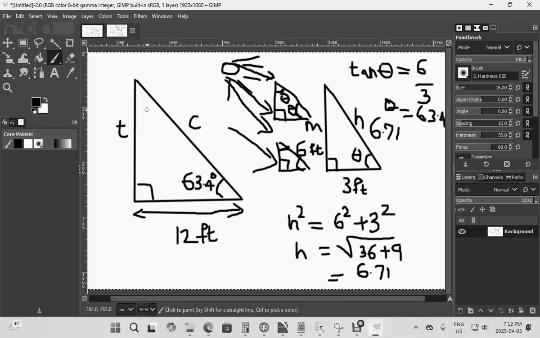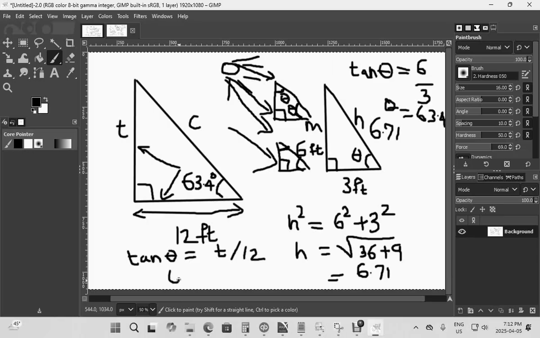So given this angle over here, given theta, we can figure out the height of the tree, which is t. We know that this is opposite over adjacent, which has to do with the tangent. So tan theta over here is t over 12 feet.